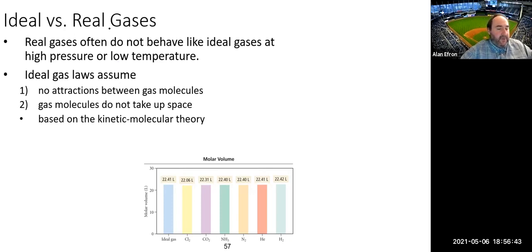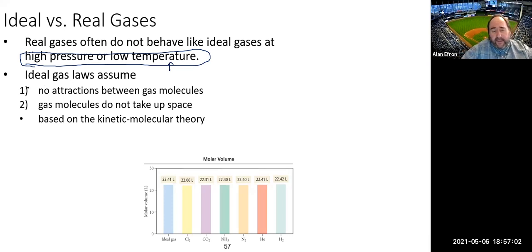But ideal versus real gases, again, often don't behave like ideal gases. It's really in these situations where we have really high pressures and low temperatures. I may have misspoken a second ago, it is high pressure and low temperature.